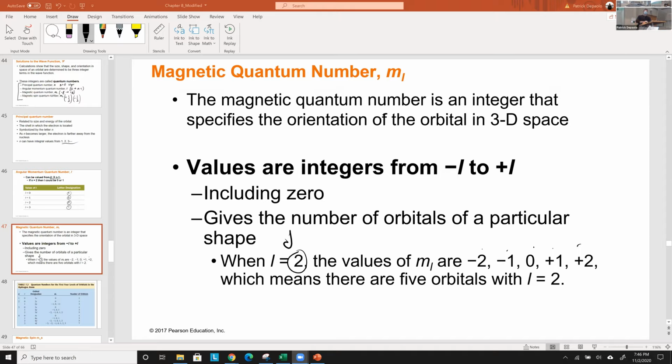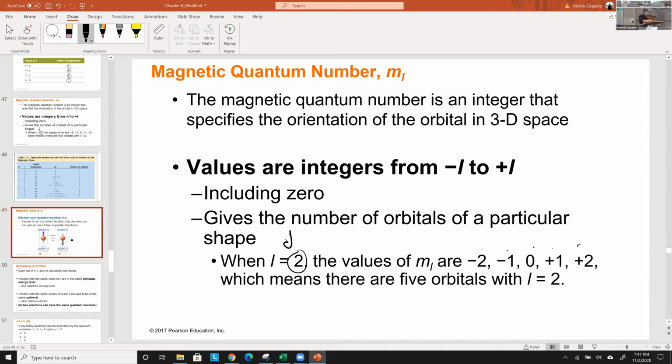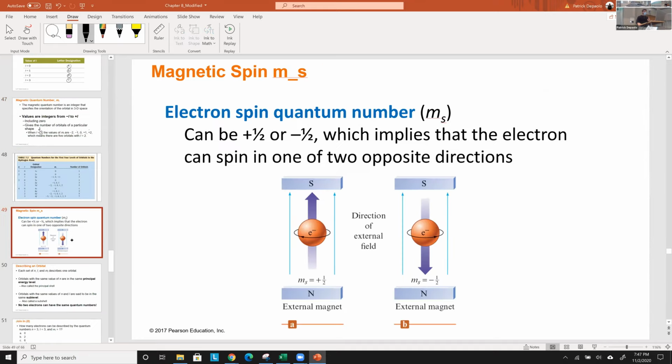That's exactly what this means. So it's a set of rules that narrows down the coordinates of the electrons in certain energy levels, orbitals, subshells, and then positions by spin, which leads us into our next one, which has its own slide. Good. So magnetic spin.